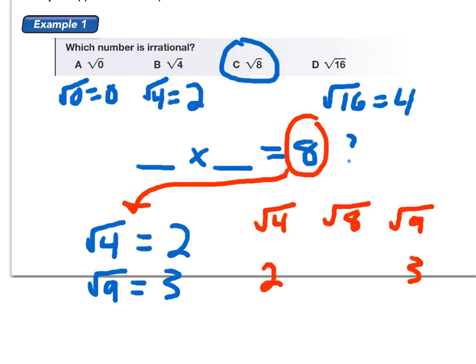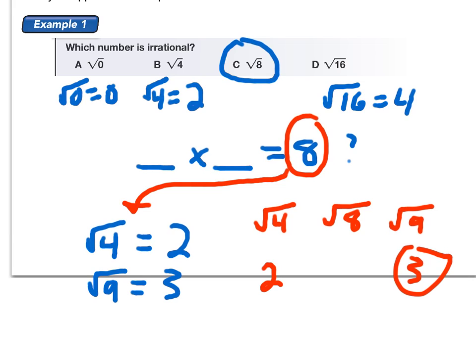All we have to ask ourselves is which of those two numbers is 8 closer to? Is it closer to 4 or is it closer to 9? We should know that 8 is closer to 9. So the square root of 8 has to be pretty close to 3. It's got to be closer to 3 than to 2, but it can't be 3, so it's got to be a little less than 3.